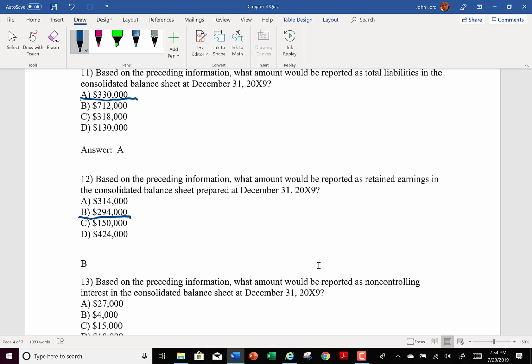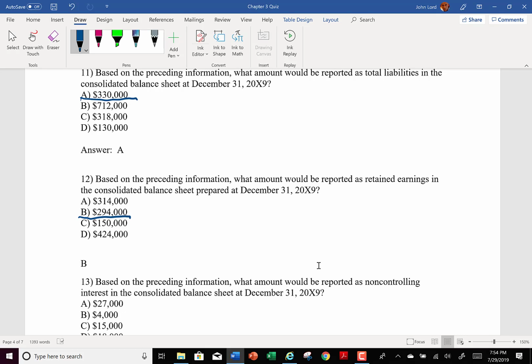Now, if you're always wondering why I say beginning, add, subtract, and I write the words beginning, add, subtract, ending balance, in case you ever get stuck, that's always how we analyze these things, don't we?